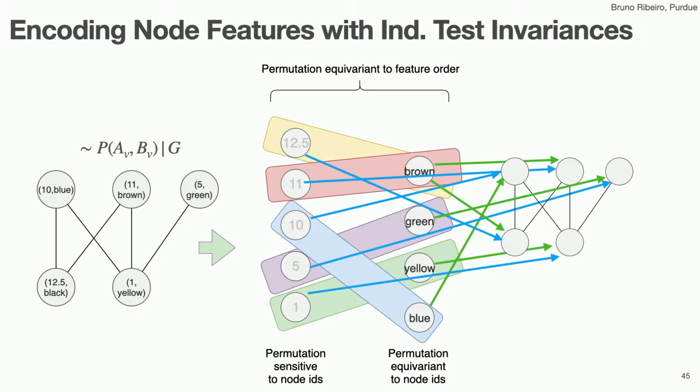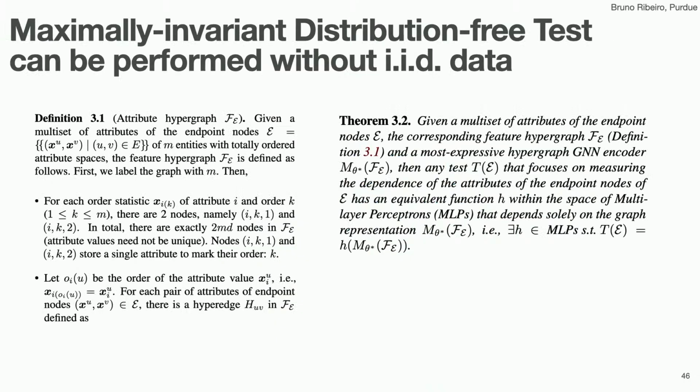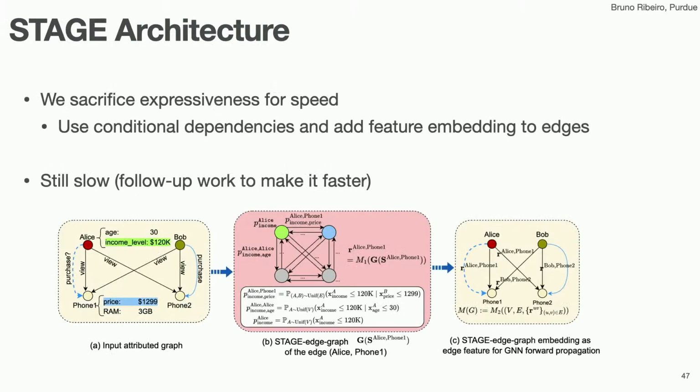Essentially, we are connecting the nodes to the right features that they have. So you can prove that this feature hypergraph is most expressive for distribution-free tests, if you have a most expressive hypergraph GNN with the right permutations, the right symmetries.